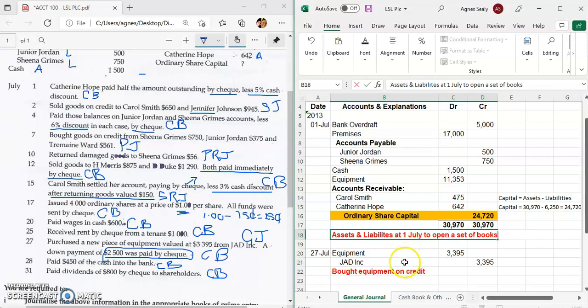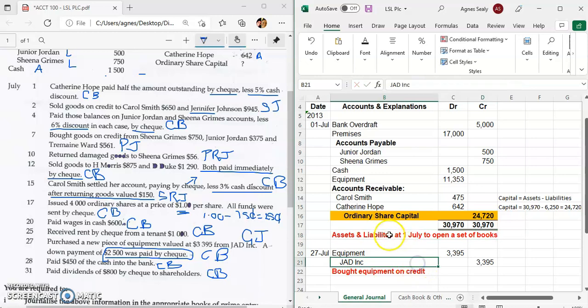So if I wanted to do a narrative for my opening entries, I can say assets and liabilities at 1st of July to open a set of books. And if I want to do a narrative for this equipment purchase, I can say bought equipment on credit. So this is the value of the equipment that was bought, $3,395 from JAD Inc.